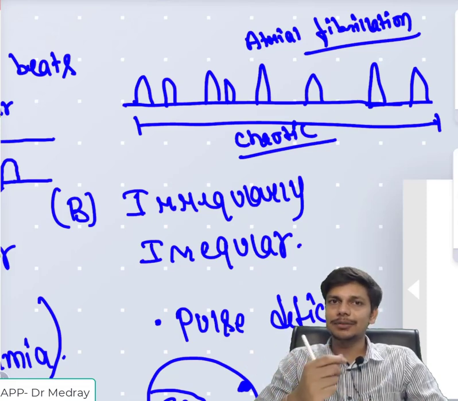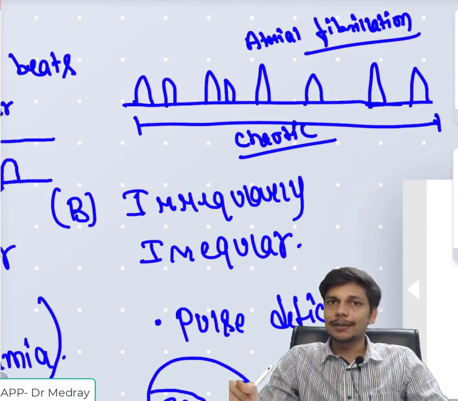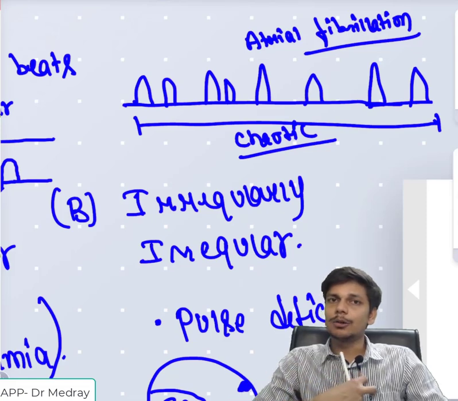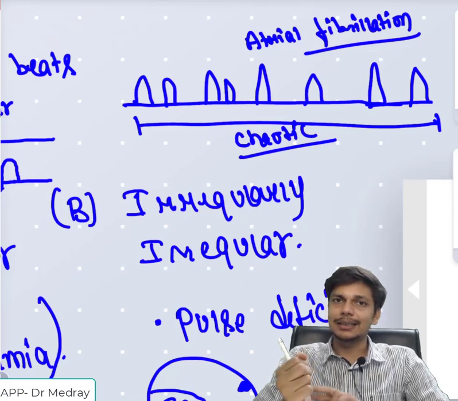This is because in atrial fibrillation, the heart rate will be more than the pulse rate, and if this difference is more than 10, it is considered significant, because in atrial fibrillation usually not all beats are transmitted to the periphery, to the radial artery.